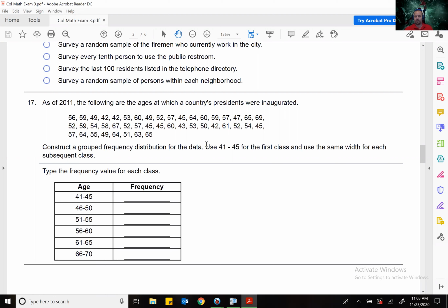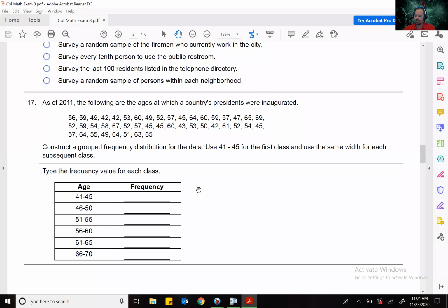So I've got 44 numbers. If I add all these numbers up, 8 plus 5 plus 10 plus 12 plus 7 plus 2, 44. So it checks out. I got everybody.